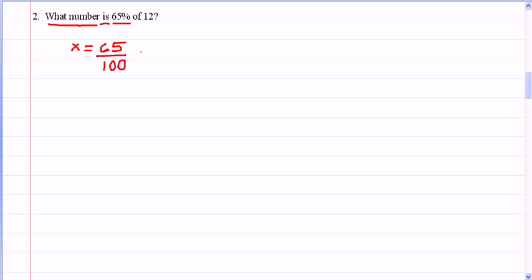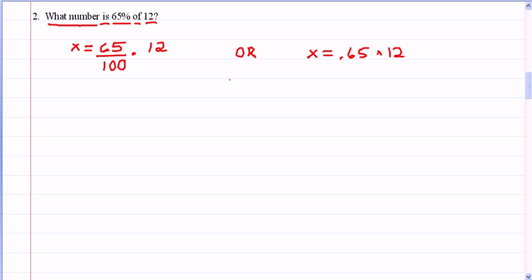So first let's finish this equation, and then on the other side of the page I'll write it as a decimal. Of means times, and then 12. So x equals 65 over 100 times 12, or x equals 0.65 times 12.